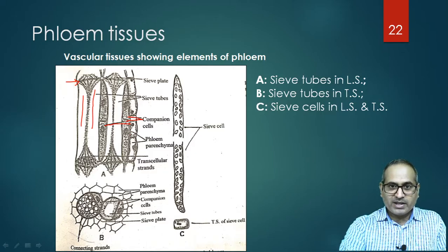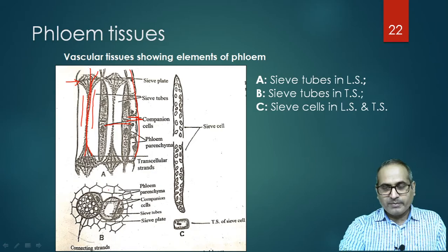Further, these companion cells are outlined by phloem parenchyma, which also has a function of support, and you will also see there are transcellular strands. These strands are connecting one cell to another cell. This is the longitudinal section of sieve tubes, LS. These all comprise sieve tubes. In transverse section, sieve tubes can be seen over here.